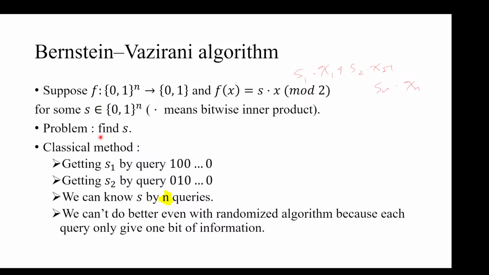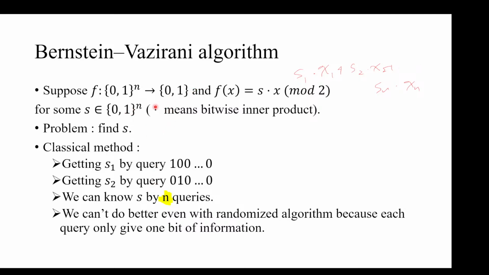The argument here is that there are 2 to the n different possible s. Another way to say this is that s is an n-bit string, so there are n bits of information. Every time you query f classically, you just get a 1-bit output, a 0 or 1.